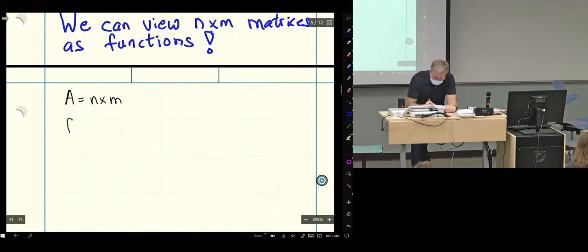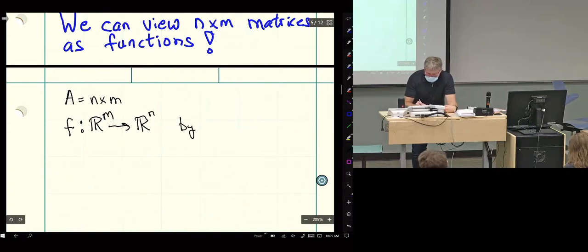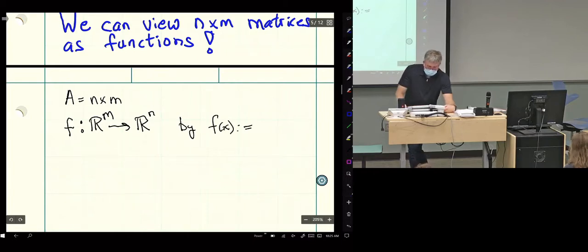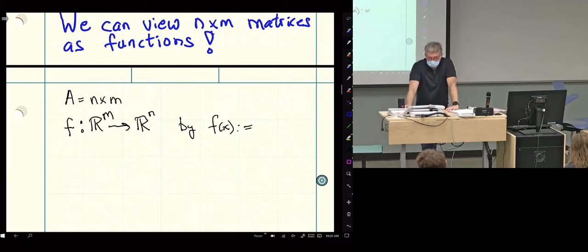I'm going to define a function that takes elements in Rm and maps them to elements of Rn by, and I'll let you guess what I'm going to put on the right-hand side there. So I can multiply A by an m by 1 vector.